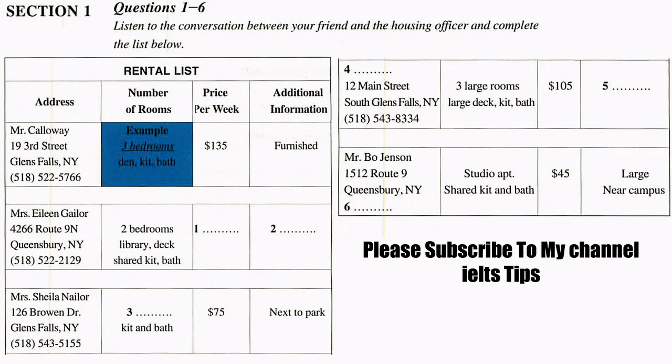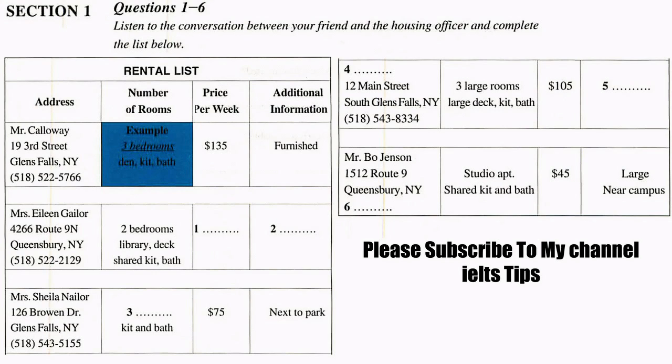Now turn to Section 1 of your booklet. Section 1. You and a friend are looking for a place to live. You have a list of places and go to see a rental agent to check on a number of points. Listen to the conversation between your friend and the rental agent and complete the list.